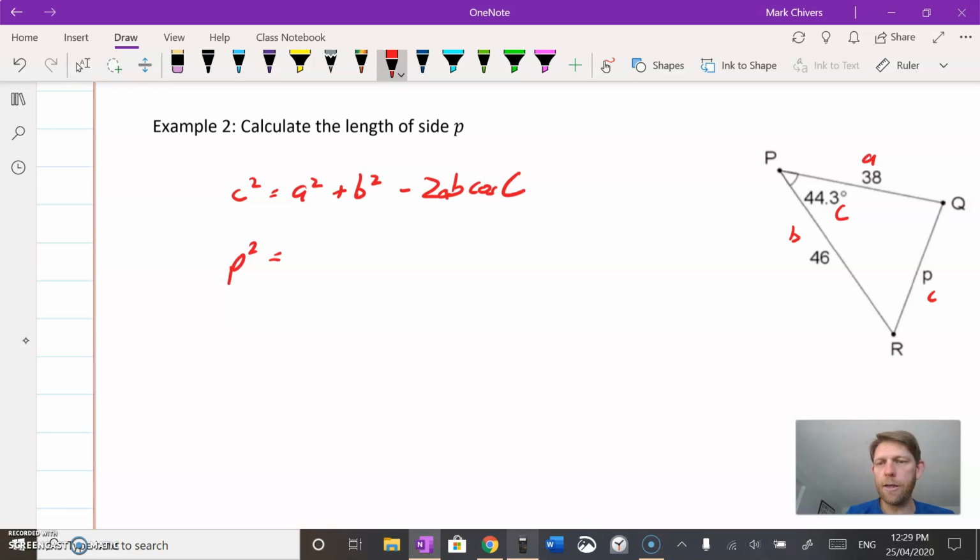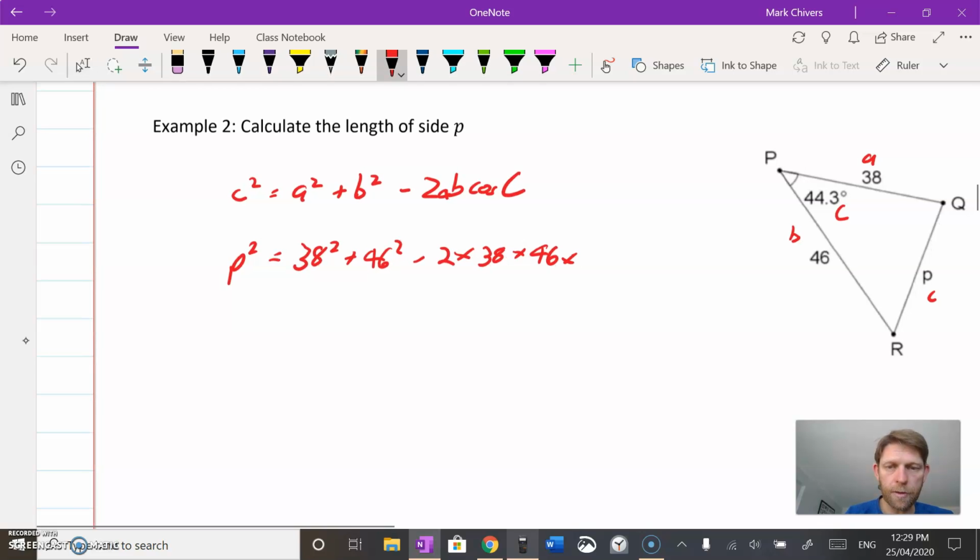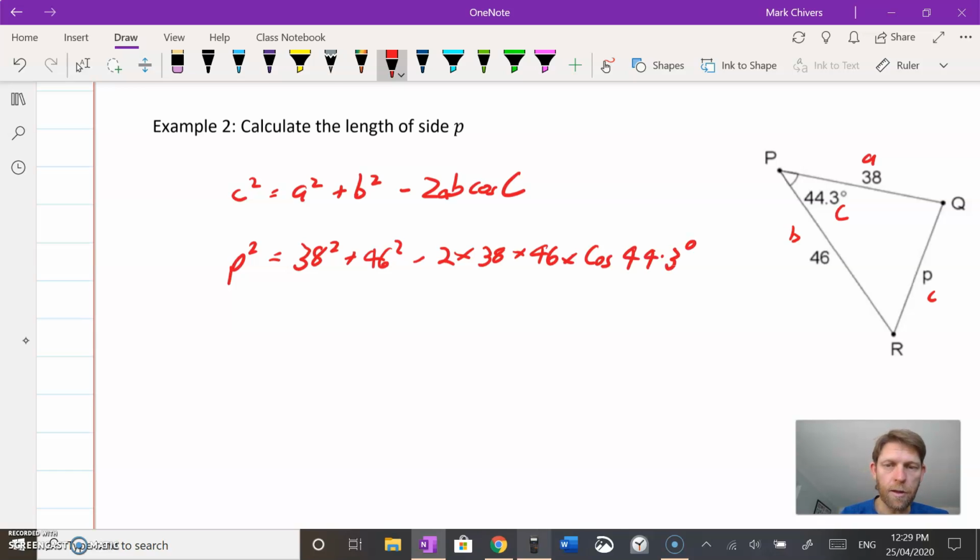So P squared equals 38 squared plus B is 46, so 46 squared, minus 2 times 38 times 46 times cos 44.3 degrees. And we just substitute all of that into our calculator.